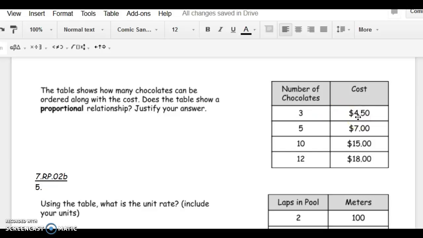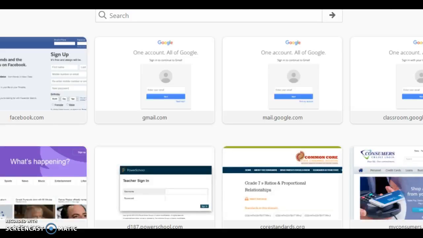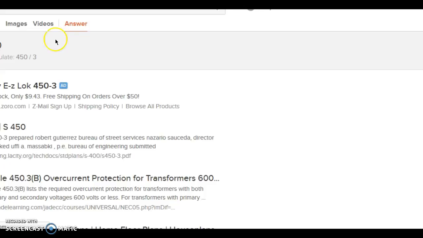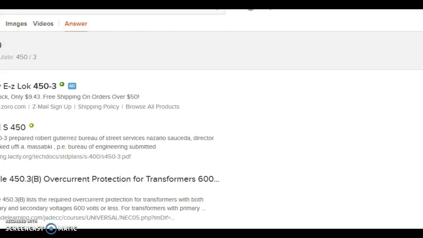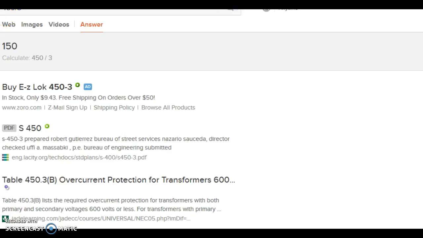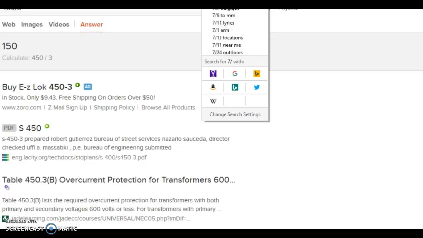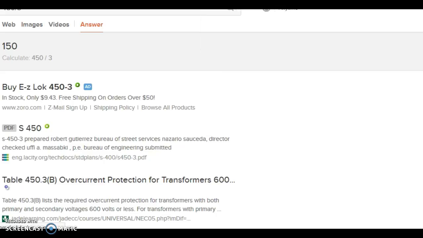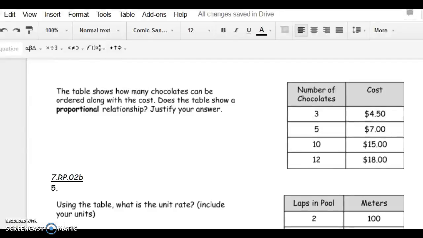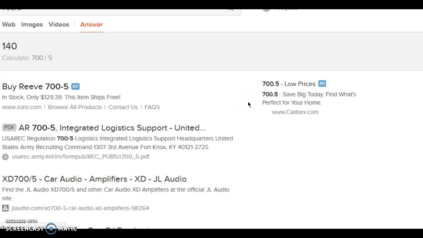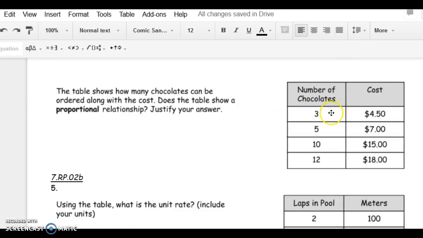So 450 divided by 3 is 150. 700 divided by 5 is 140.